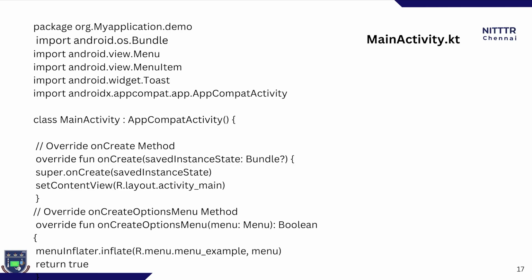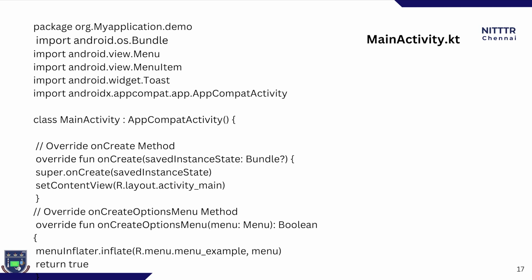Next we have to import all the relevant files. Then after this, a bundle of items will be imported. The next statement is android.os.Bundle, which is used to pass data between the Android components. Next we have android.view.Menu, which represents the options menu.